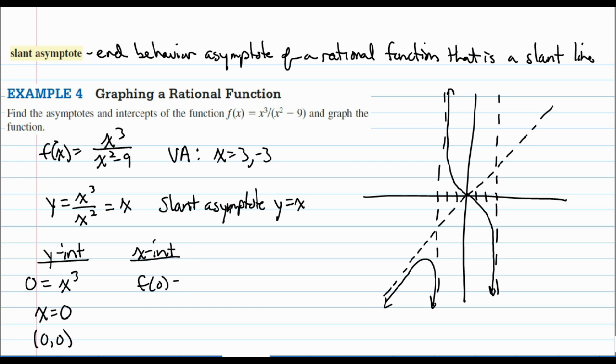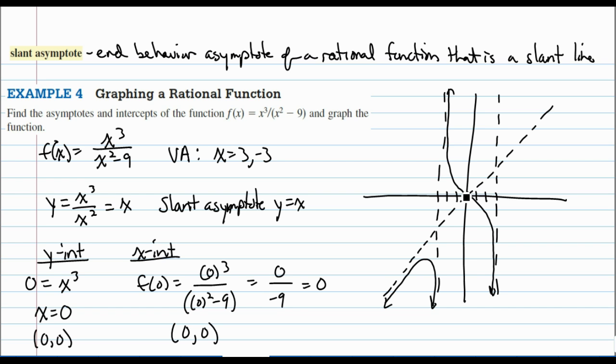So f of 0 is going to be 0 cubed over 0 squared minus 9. That is 0 over, it doesn't matter. So the x-intercept and the y-intercept are the exact same point because at the origin we're intercepting both the x-axis and the y-axis. So I was right, it did go through the origin.